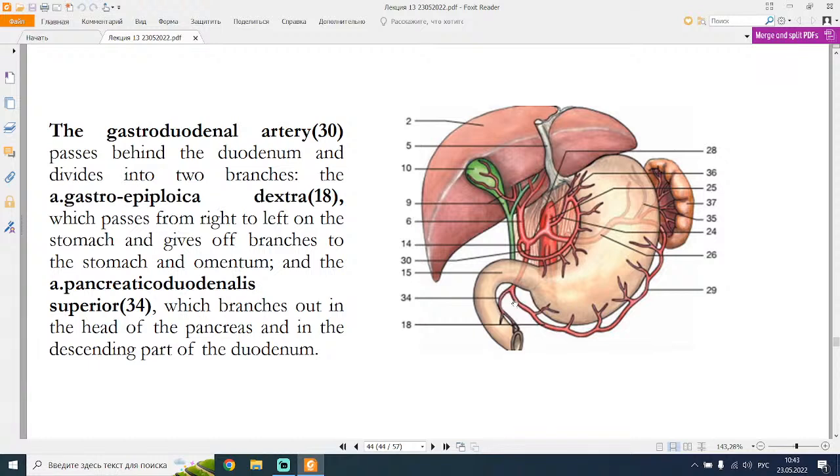The gastroepiploica dextra, which passes from right to left on the stomach and gives off branches to the stomach and omentum, and the arteria pancreatoduodenalis superior, which branches out in the head of the pancreas and the descending part of the duodenum.